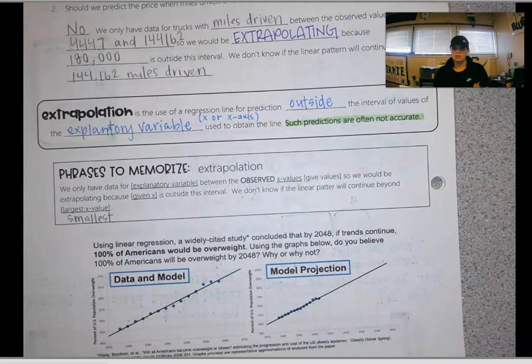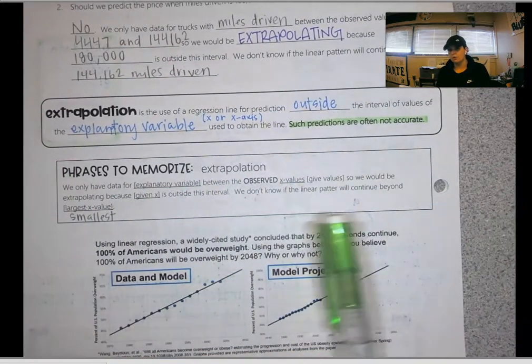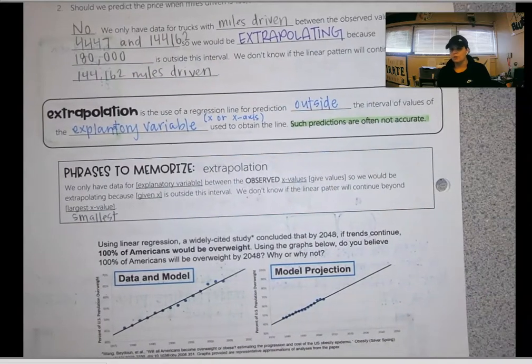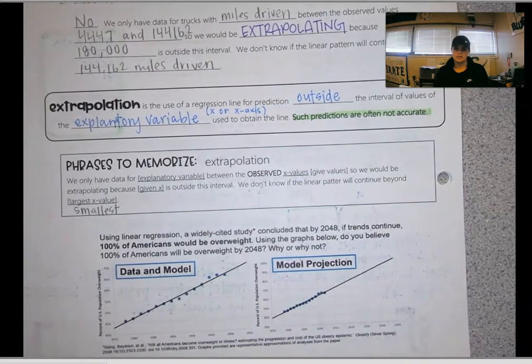So normally when you do problems about extrapolation, it's going to ask you, should we use our model to predict this value? And in response, you would say, no, we only have data for what blah, blah, blah. So we would be extrapolating, and you use this as your sentence frame.